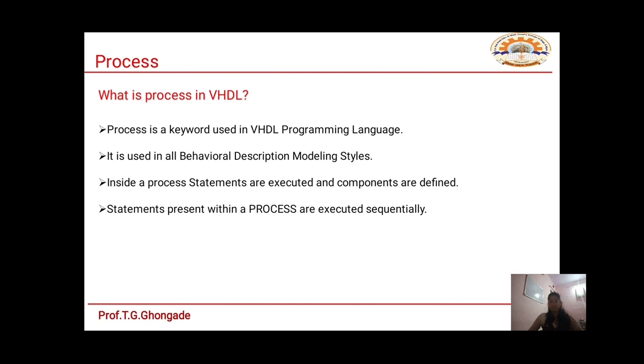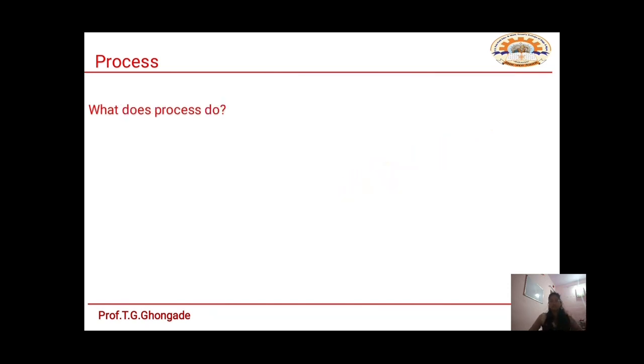Next, what does this process do? Whenever you are executing a code, at that time the process gets broken down. There may be one process in one program or there may be many processes in one program. All the processes will be executed at a time, that means concurrently or parallelly. Are you understanding my point?